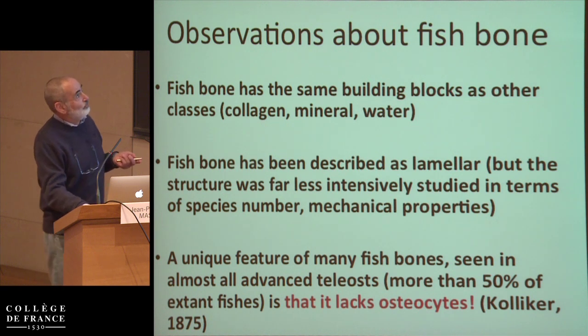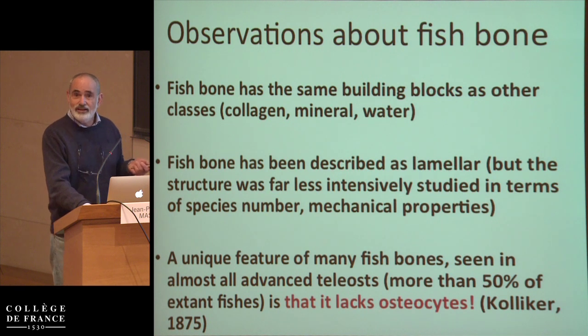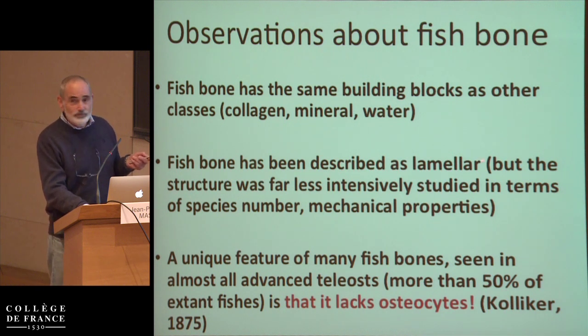Some observations about fish bone. First of all, fish bone has the same building blocks. So that hasn't changed. Collagen, hydroxyapatite, water, non-collagenous proteins. Fish bone has not been studied as intensively, but still it's been described as lamellar, and we have evidence now to suggest that's indeed the case.